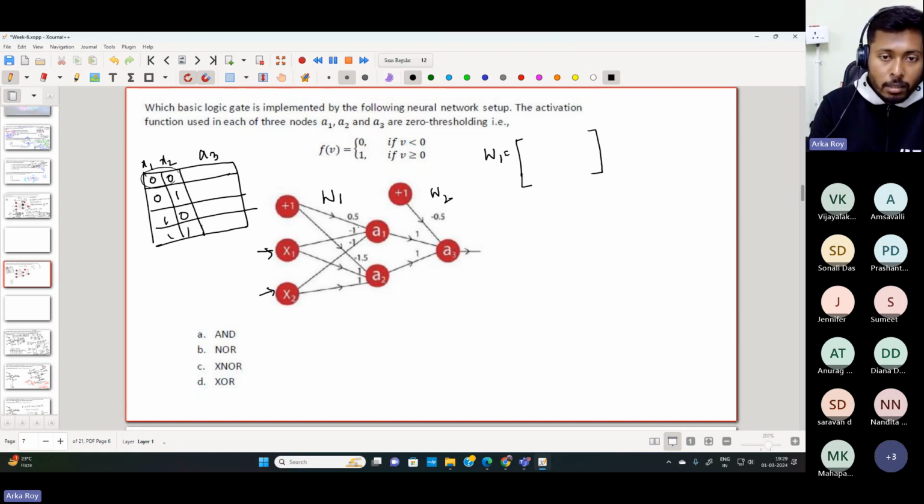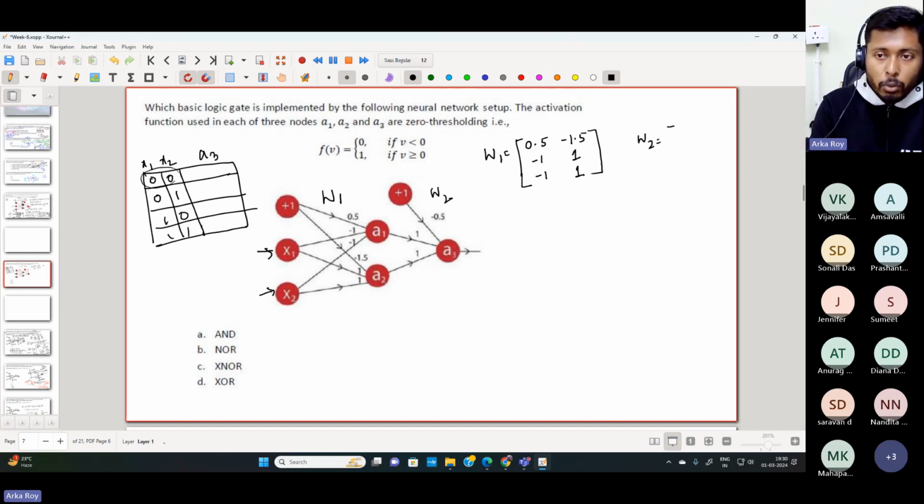You can see the connection weights corresponding to A1, and stack them together: 0.5, -1 and -1. Secondly, the connection weights for this other neuron are -1.5, 1 and 1. So this is W1.